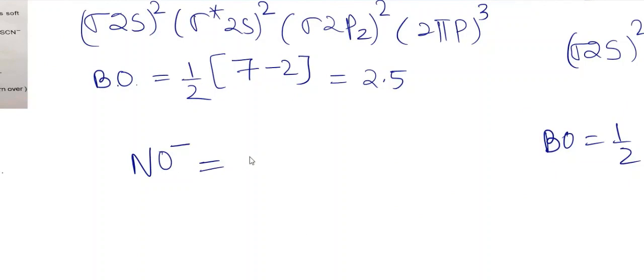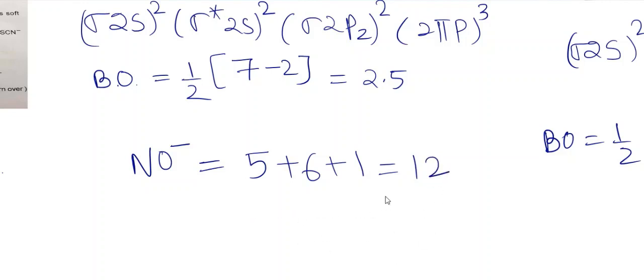For NO minus, the valence electron for nitrogen is 5, for oxygen is 6, and for the minus charge we will add 1. So the total is 5 plus 6 plus 1, which is 12 electrons.